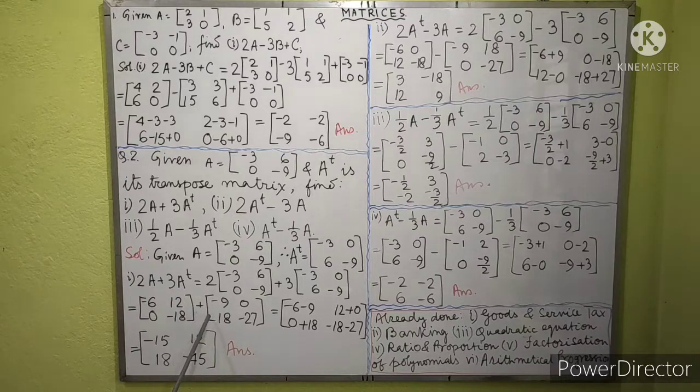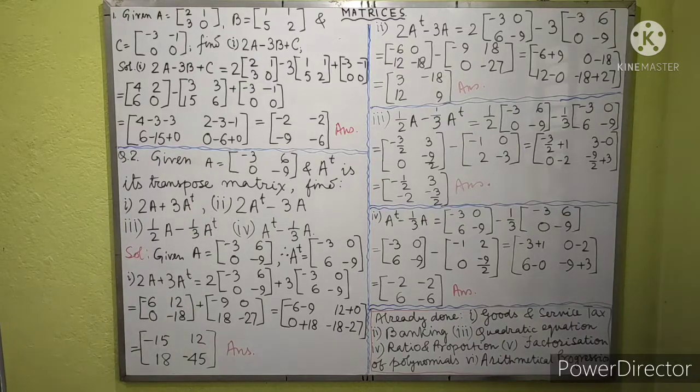Here it is plus, so adding these two we get minus 6 minus 9, 12 plus 0, 0 plus 18, and minus 18 minus 27. Calculating this we get [-15 12; 18 -45]. This is the answer for question number 1.